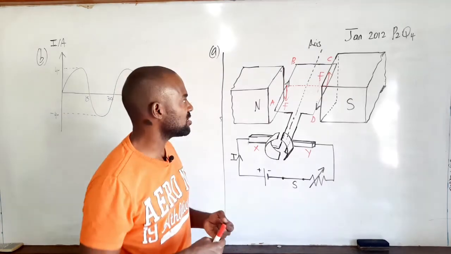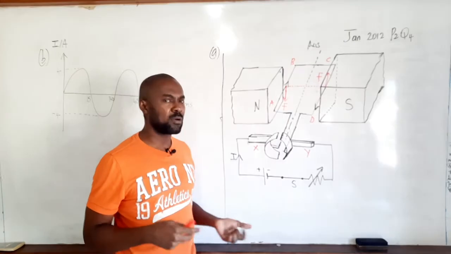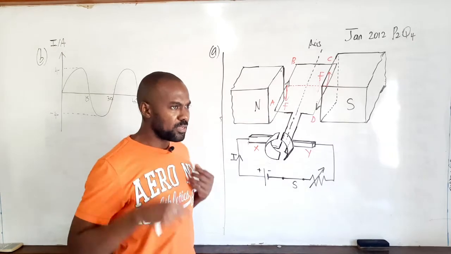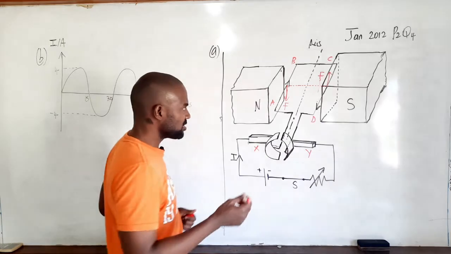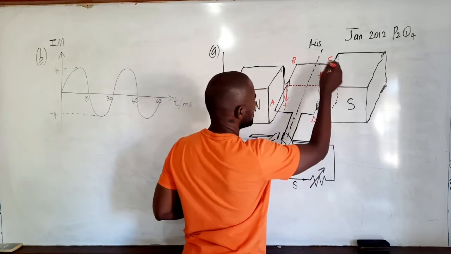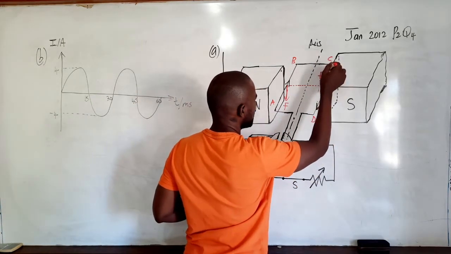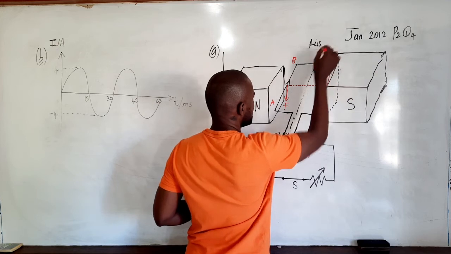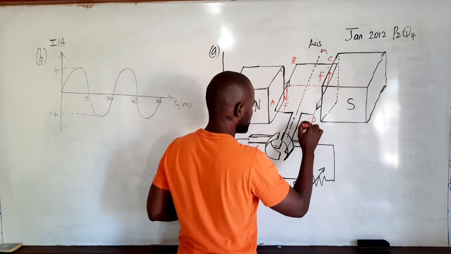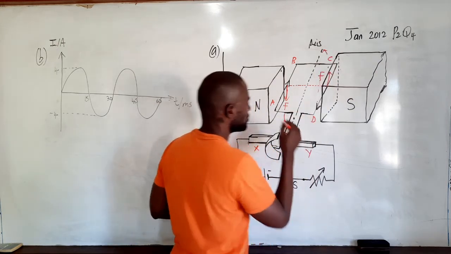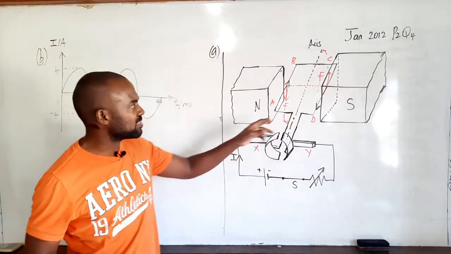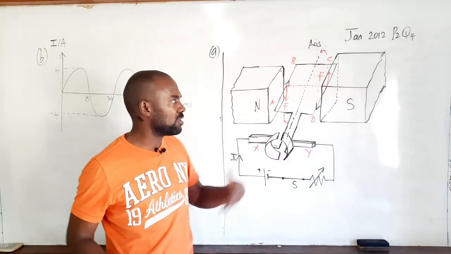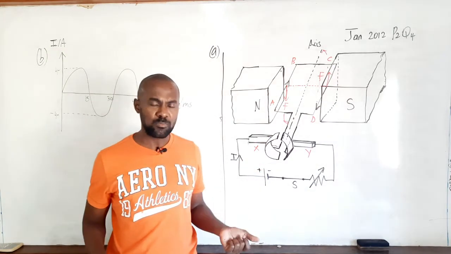Equal and opposite forces acting like this form a couple, and the effect of the couple is to produce a torque or turning effect. So essentially, this force will cause the coil to move in this direction, and this force in this direction. And so due to these two forces of equal magnitude and opposite direction on sides AB and CD of the coil, the coil rotates.